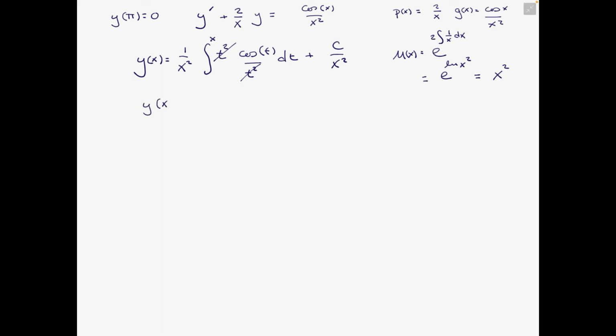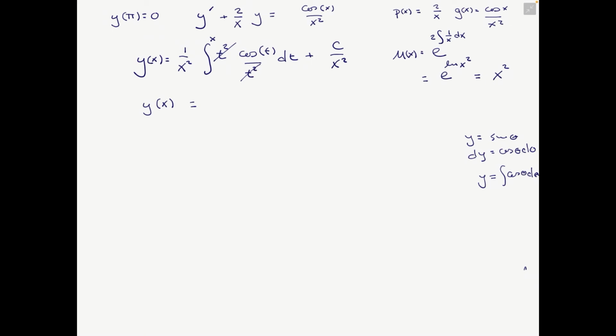And we've got y of x equals, and if you know y equals sine theta, dy equals cos theta d theta, so y equals the integral of cos theta d theta.